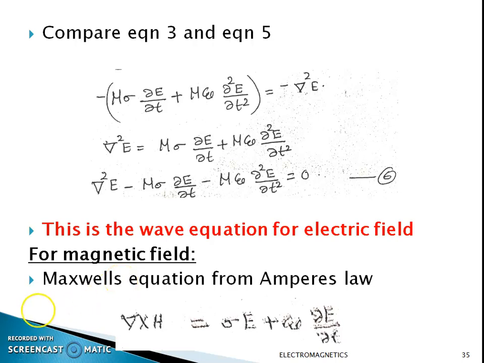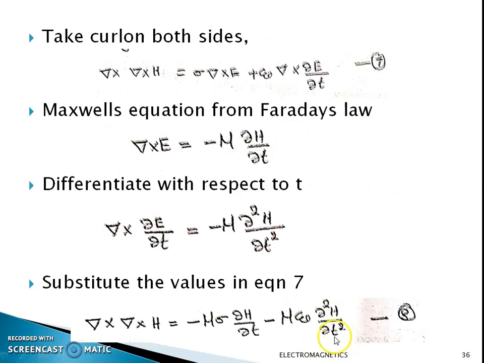For that, we take the Maxwell's equation from Ampere's law, that is del cross H is equal to sigma E plus epsilon dou E divided by dou T. Take curl on both sides, then it becomes del cross del cross H is equal to sigma del cross E plus epsilon del cross dou E divided by dou T. Mark it as equation number 7.